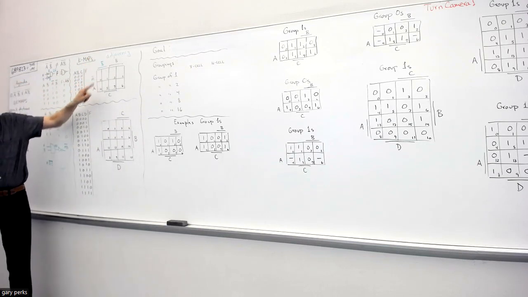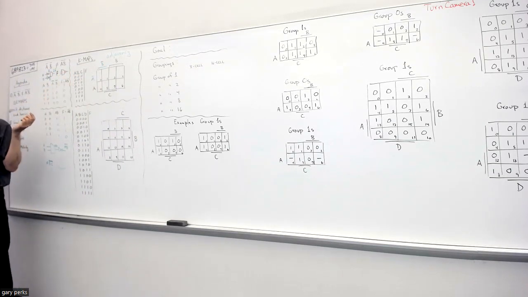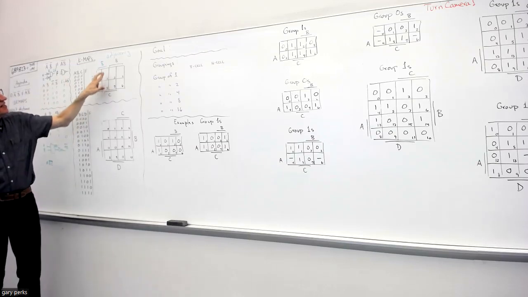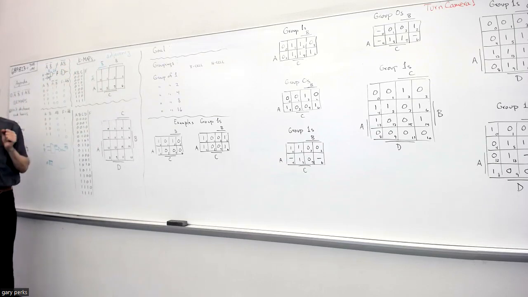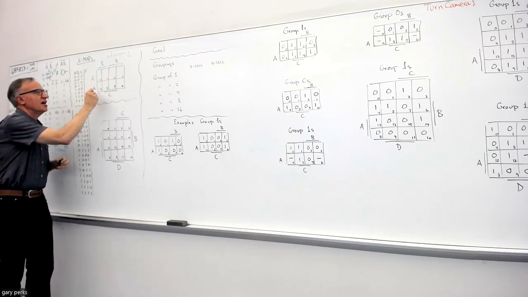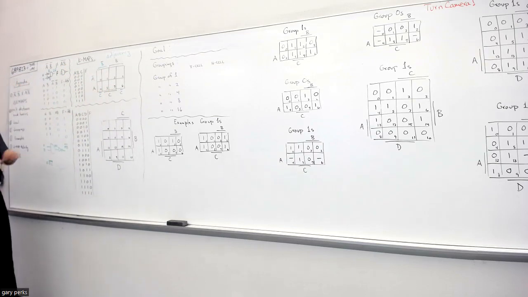Because if you look at 0, 1, 4, 5, well, B is equal to 0 for those binary numbers. Okay, C, 1, 3, 5, 7, C is equal to 1. Not C would be this column and this column, right? That's for 0, 2, 4, 6. For 0, 2, 4, 6, C is equal to 0.